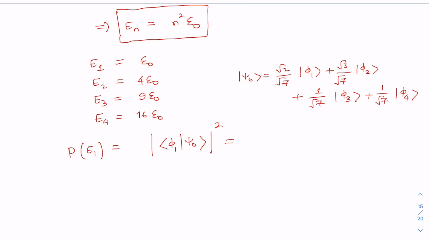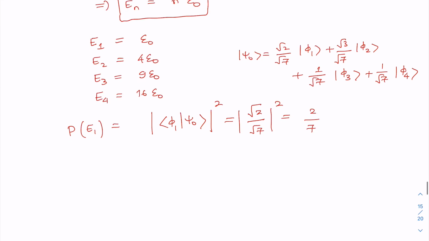So you see immediately that this would be root 2 by root 7 mod square, and therefore simply 2 by 7. Similarly, the probability of getting the energy E2 would be 3 by 7.